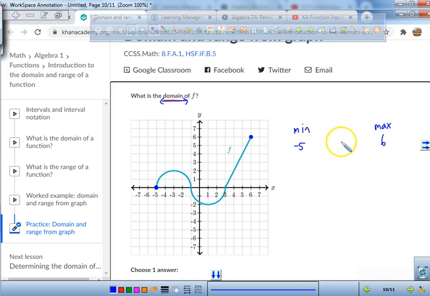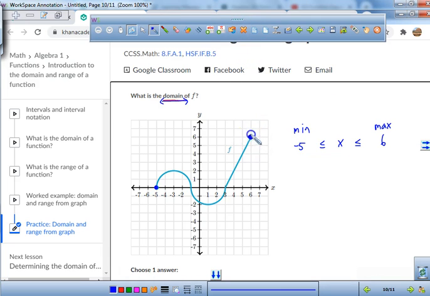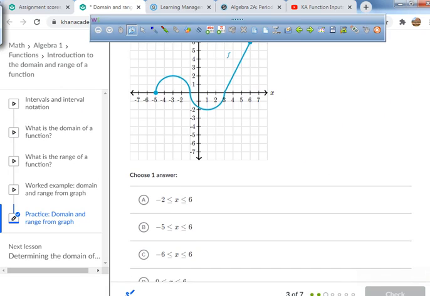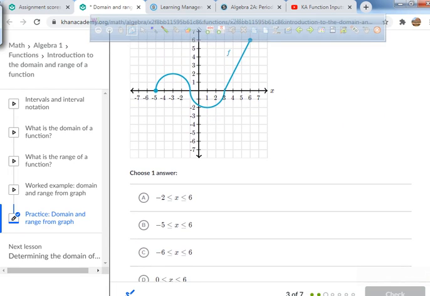And all of my x values are less than or equal to this and greater than or equal to. Now, why am I saying equal to? How do I know they're equal to? Because they're closed in. So this is what I'm looking for. I'm looking for everything in between, from -5 to 6. This one right here.